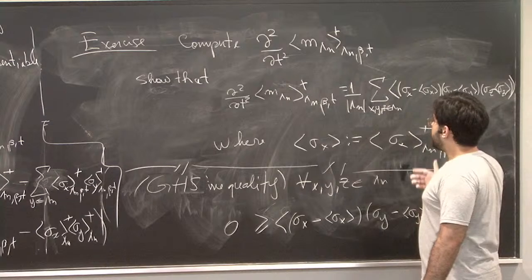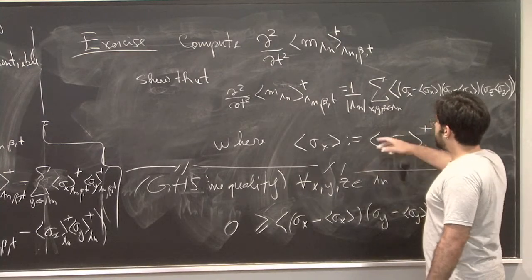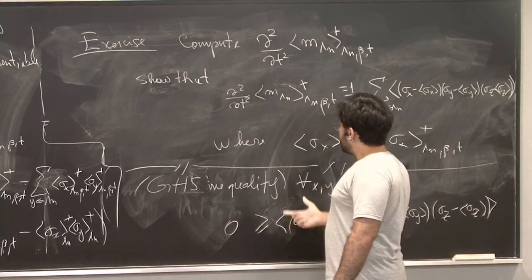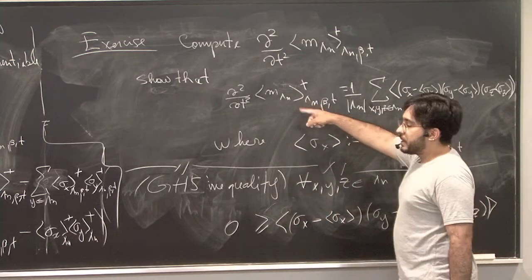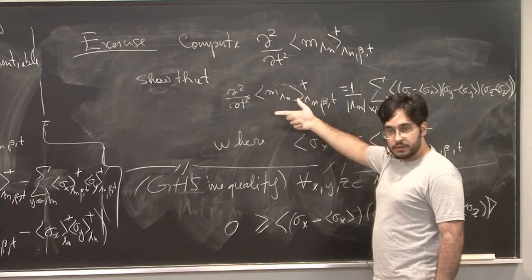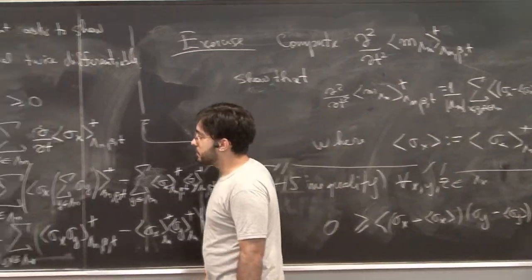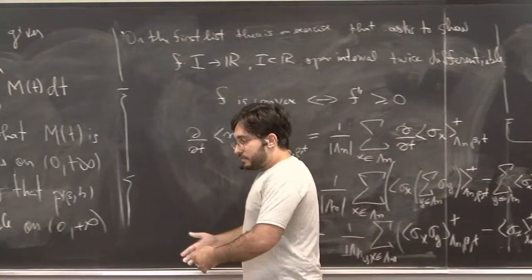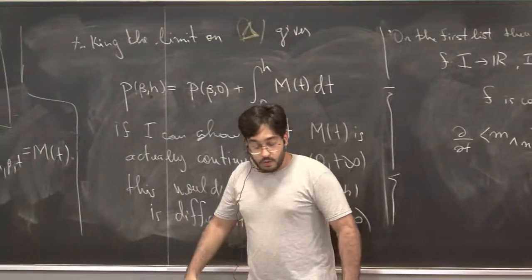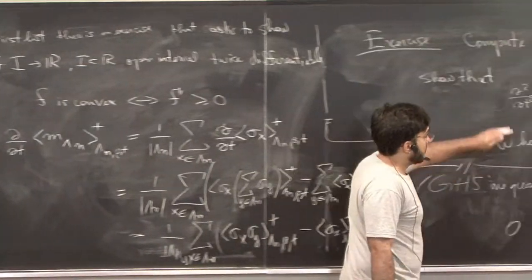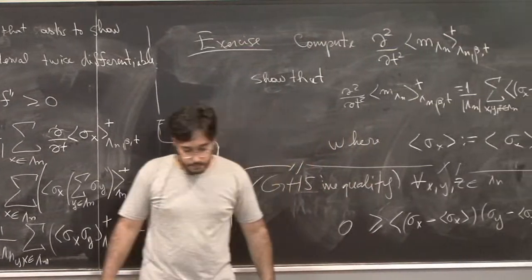So although this doesn't show directly that this function is convex, it means that if I multiply this by the minus sign, then this function will be convex. Each one of these functions is convex. When minus a function is convex, we call it a concave function. So this implies that the local magnetizations are concave functions.